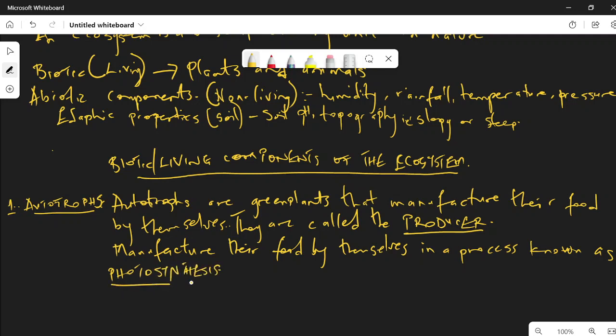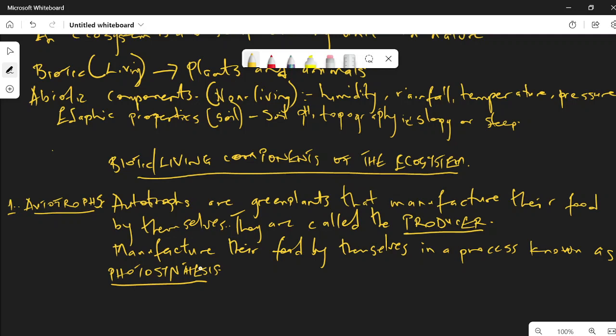So that is the process through which the autotrophs, or the green plants, or the producers, manufacture their food. If you were to explain what photosynthesis is, you will tell us that photosynthesis is the process by which green plants manufacture their food using nutrients in the soil, water in the soil, and the energy from the sun, the solar energy from the sun.